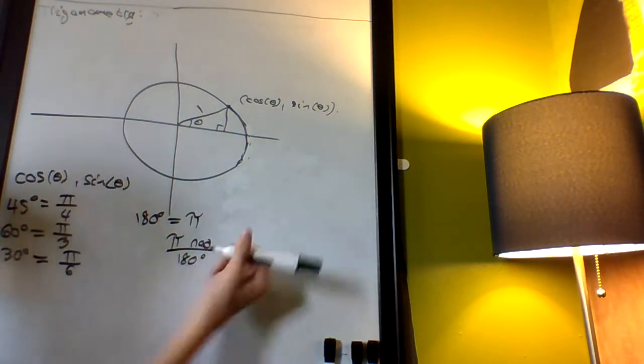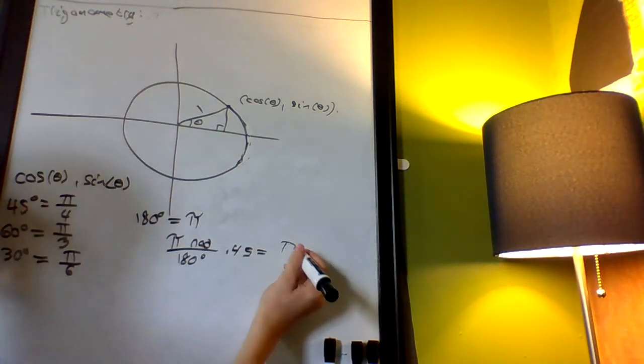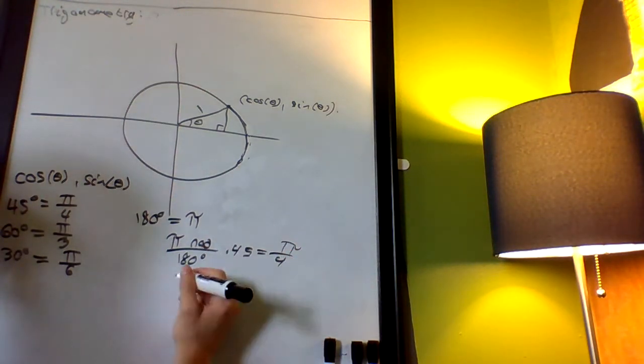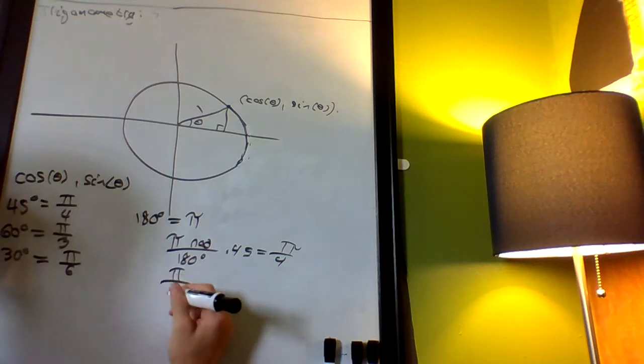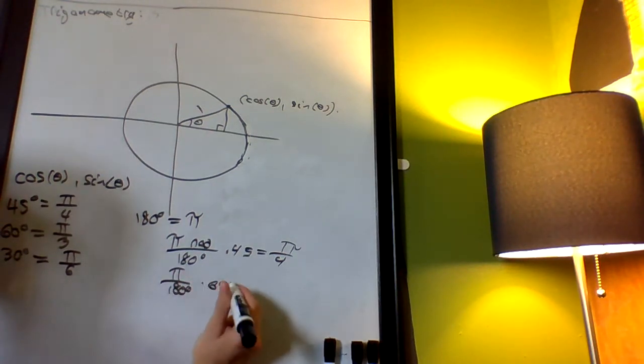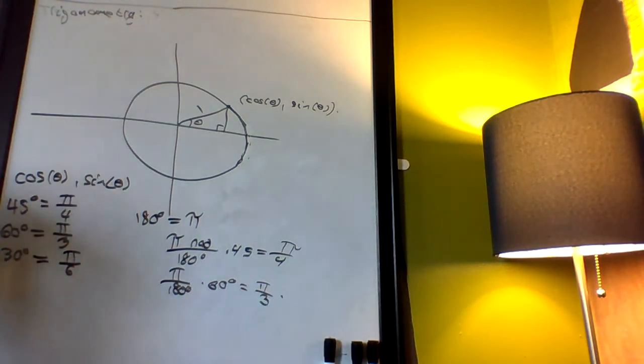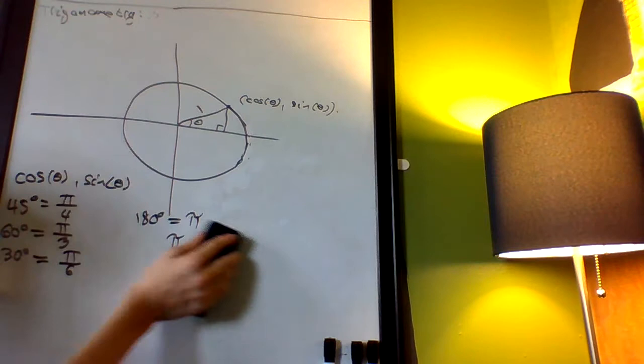Meaning, if I multiply this by 45, you actually get pi on 4. If I do pi on 180 degrees times 60 degrees, you get pi on 3. And you can keep going, and you convert all of them by multiplying by pi on 180 degrees.